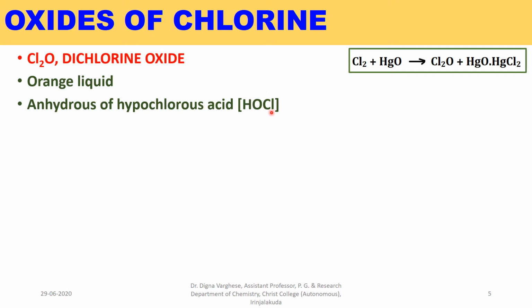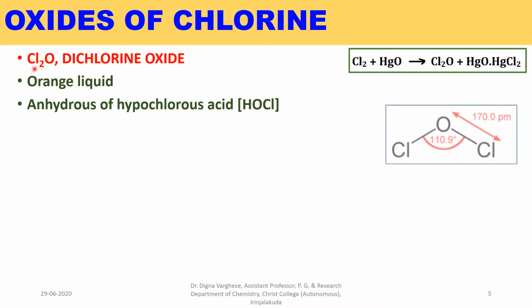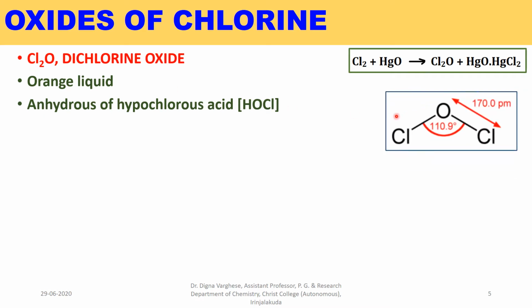When removing water from hypochlorous acid, we get dichlorine oxide. Its structure is angular and oxygen undergoes sp3 hybridization, and the ClOCl bond angle is 110.9 degrees and the oxygen-chlorine bond length is 170 picometer.